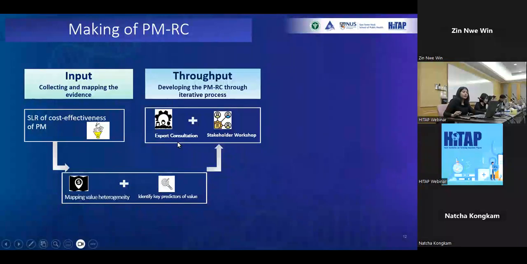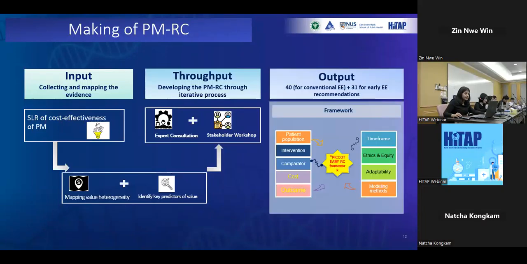Then once we got a consensus on our initial draft, we also held a stakeholder consultative workshop that was a 3-day workshop, wherein representatives from Singapore, as well as from Thailand, clinicians and health economic experts who specialize in precision medicine, jointly came and revised the reference case based on its relevance and applicability and feasibility.